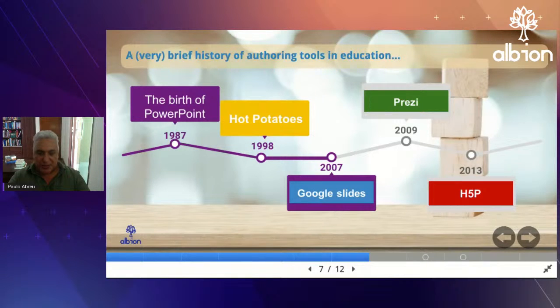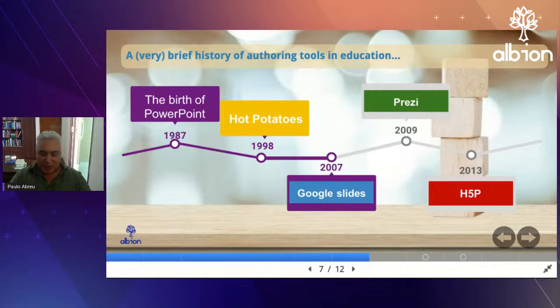It was built for business, of course, but it very quickly got the attention of teachers everywhere because it was very easy at the time it was launched to have a more interesting interaction with your classes. PowerPoint is as old as 1987, but it's still around, still strong. Lots of people are still doing lots of things with PowerPoint.